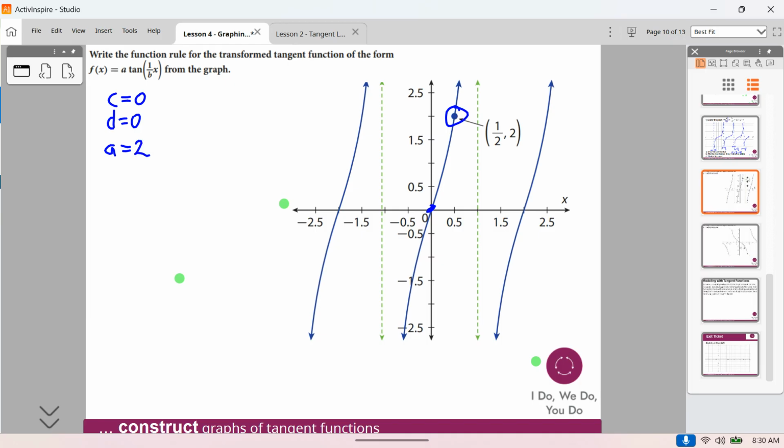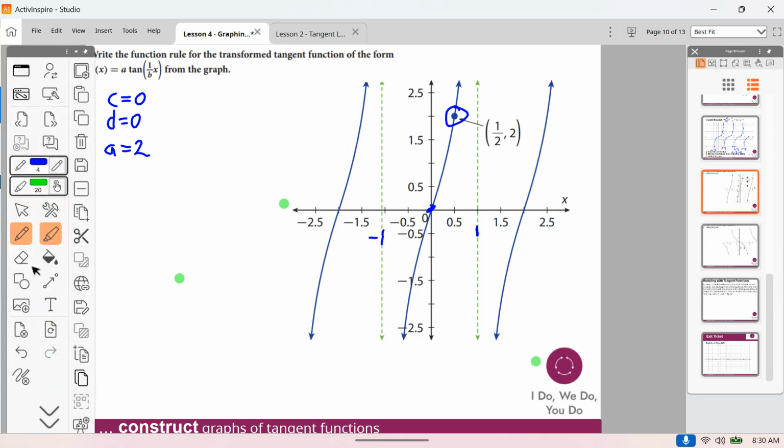Then we need to find our period. Our period seems to be at 1 here and minus 1 here. So the period is 2.